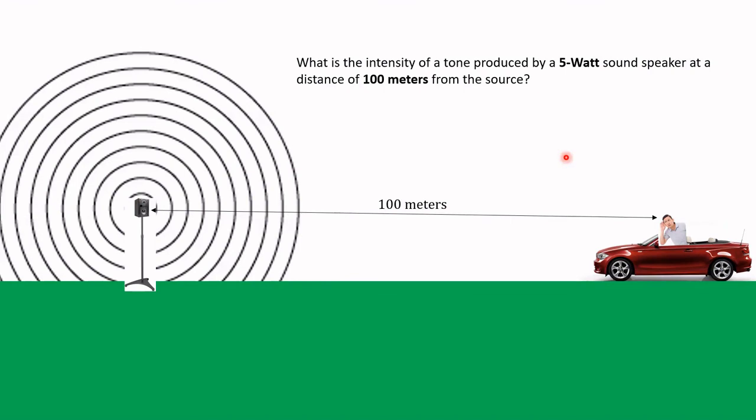We could probably improve the accuracy of this model by arguing, well, maybe just the top hemisphere of each of these spherical wavefronts radiates outwards, and the rest of it is merely absorbed by the ground. So we could just cut the power in half and call it 2.5, but I'm going to stick with the 5 watts. And we'd like to know, what's the intensity of the sound waves impinging on this person's eardrum?